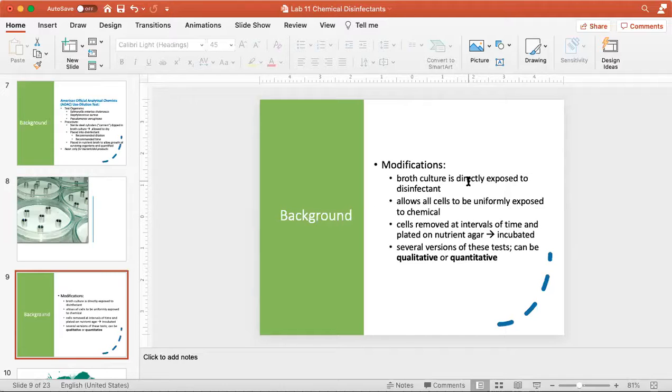And they'll see after a certain number of minutes that the manufacturer recommends how many cells survive it. So that's possible to do too. It depends on what your needs are. It depends on whether you're trying to get a qualitative comparison of chemicals or a quantitative comparison. Remember, when we hear that word qualitative, that's just telling us whether or not something happens.